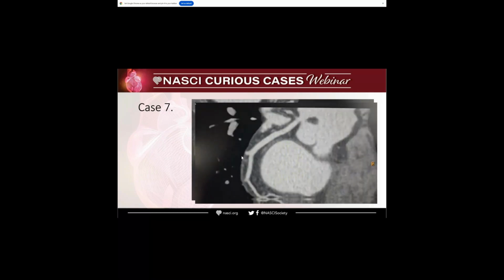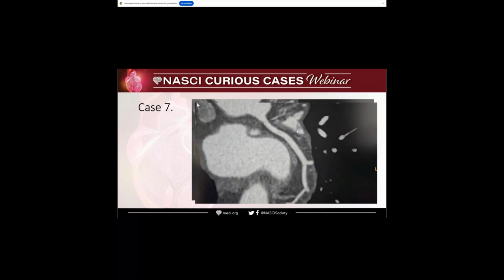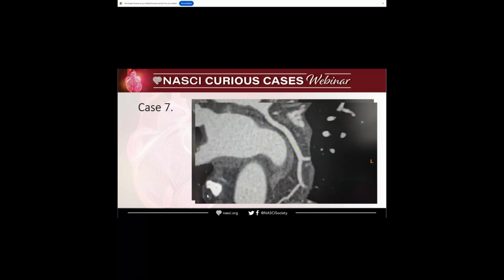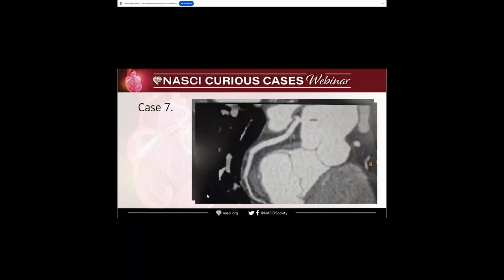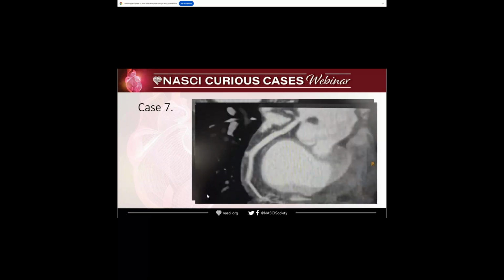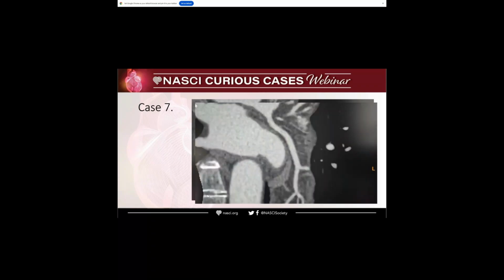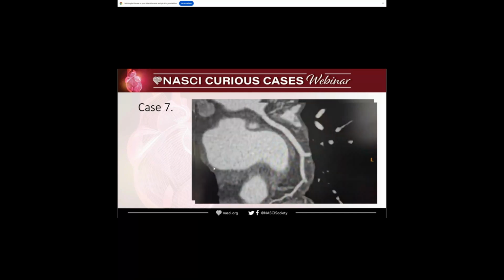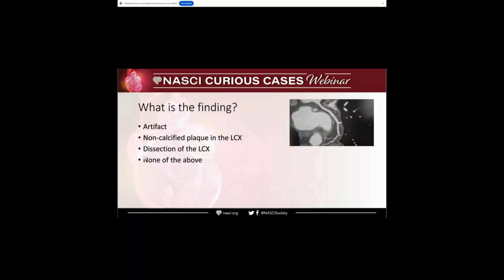So it's an ectatic vessel. See how big it is, how well it dilates, and there is no calcification, there's no other finding. It's true that I showed you only one vessel, and I didn't show you any other vessels, the calcium score or anything else. But this is a young patient. So you can see that there's a small dissection flap.